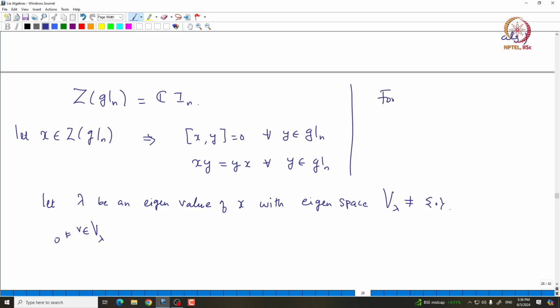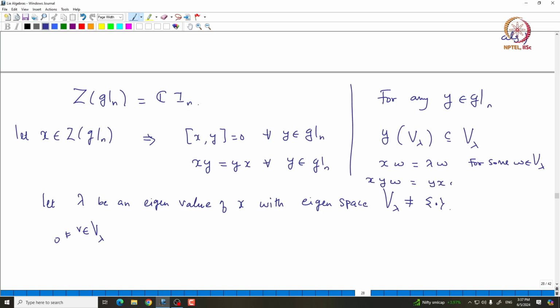For any y inside GL_n, y(V_lambda) must be a subspace of V_lambda. That is because if I take w in V_lambda with xw = lambda w, then x y w will be y x w, which is exactly equal to lambda y w. So, this simple calculation tells you that y w must again be inside V_lambda.